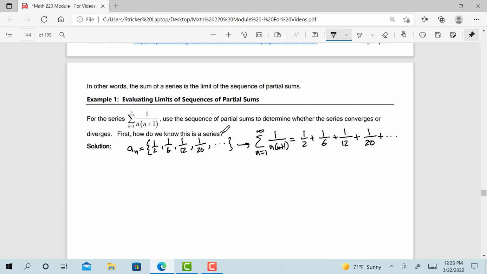We can see that the terms in this series are tending towards 0, which means eventually we should be adding basically next to nothing.